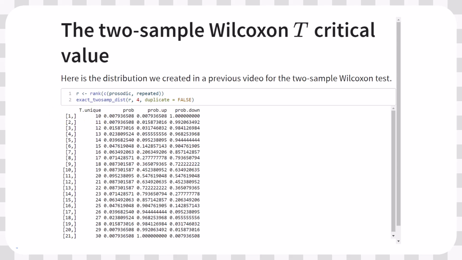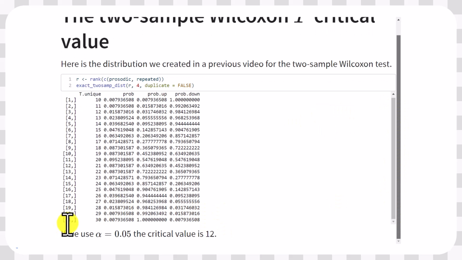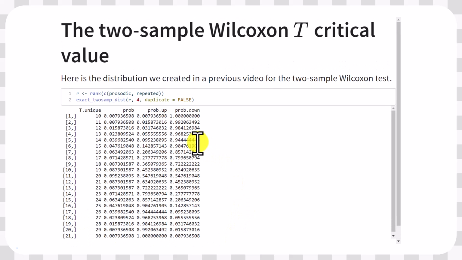That would be if we had the ranks 1, 2, 3, 4. And moving all the way up to the highest possibility, which is 30. Now, we actually did this test and we had a t of 11 and we had a p-value of 0.016. I did that in a previous video, so if you've not seen that, you should go back and watch.